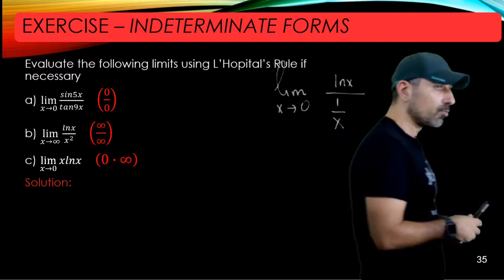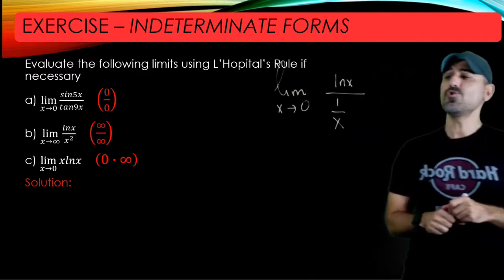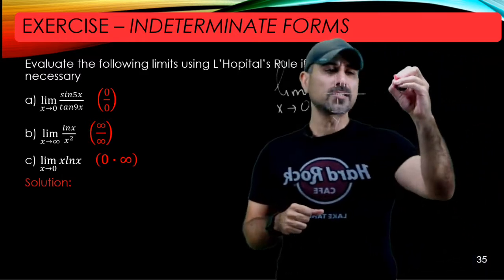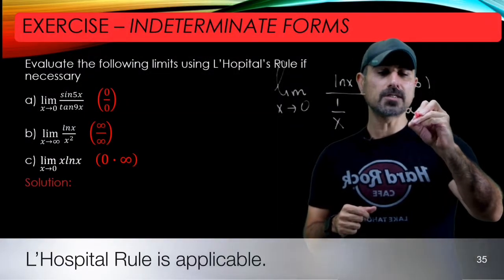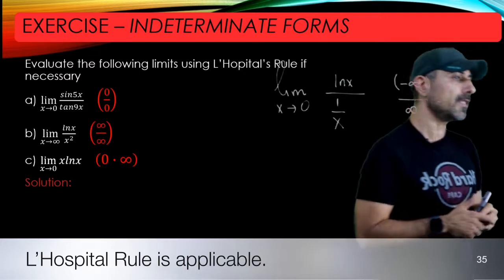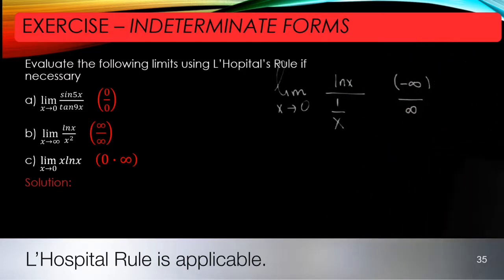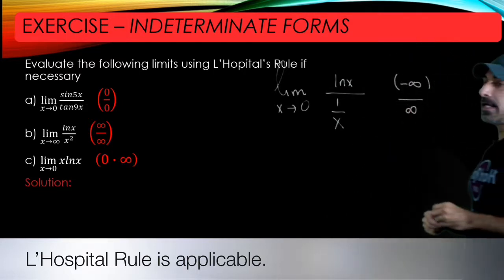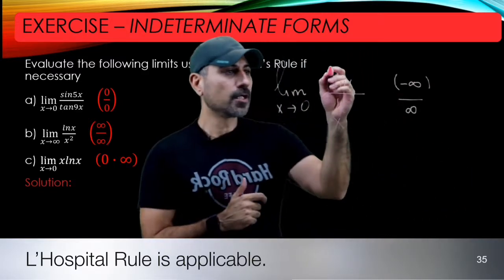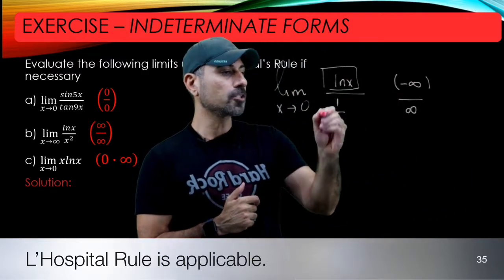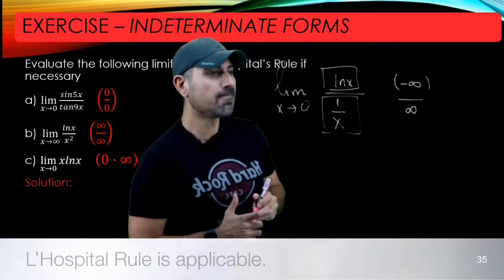You go back to the original form. But this way, when you pass the limit, the top is going to be minus infinity. So this would be plus infinity. So then you run into the case of infinity over infinity type indeterminate form. And now we are allowed to use L'Hopital's rule for this top function and for this bottom function.